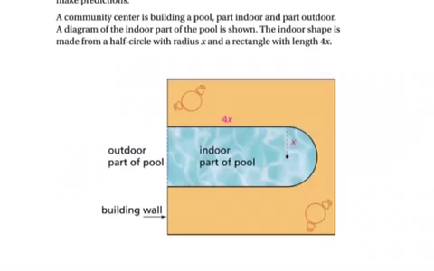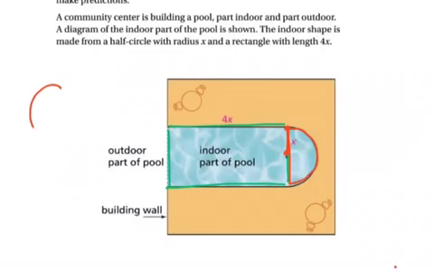Okay, so if I look here, I can see this indoor part of the pool has a rectangle, and it has a half circle. They tell us that the length of the rectangle is 4x, and then the radius of the circle is x.